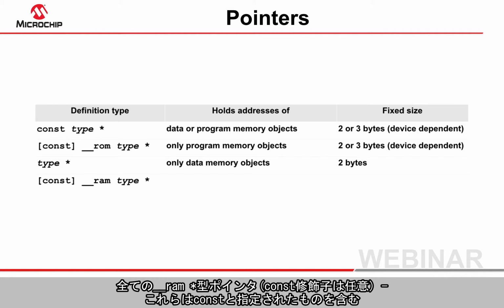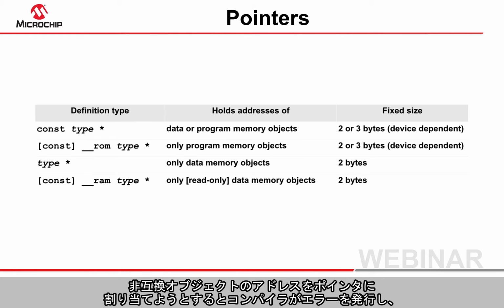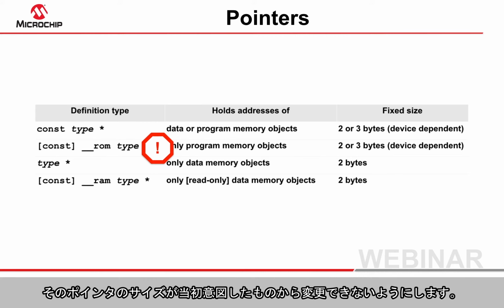Any _RAM type pointer, the const qualifier is optional, which can be assigned the address of any data memory object, including those specified as const, and which will have a fixed size of 2 bytes. If you attempt to assign the address of an incompatible object to a pointer, an error will be issued by the compiler, thus ensuring that the pointer's size cannot change from that originally intended.